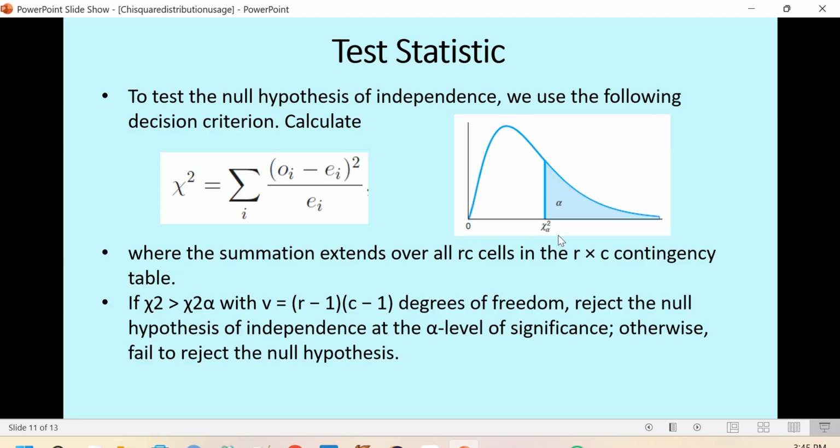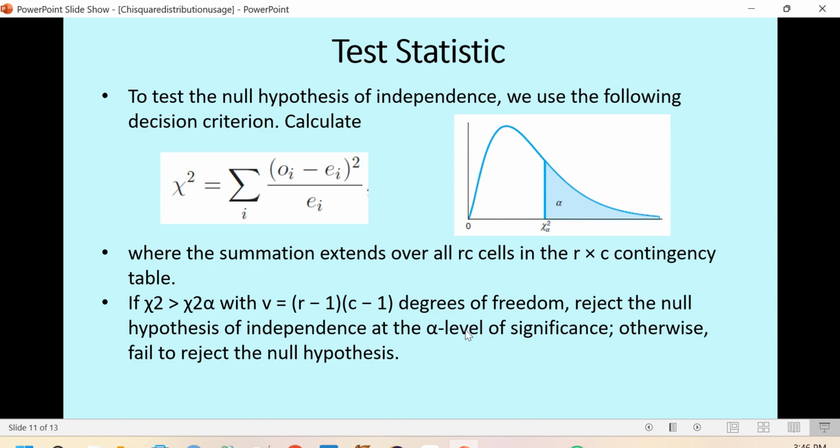Then, under this assumption, if this statistic is located in this region, which has a very small probability, for example with alpha 0.05, then the null hypothesis will be rejected because a small probability event occurred.